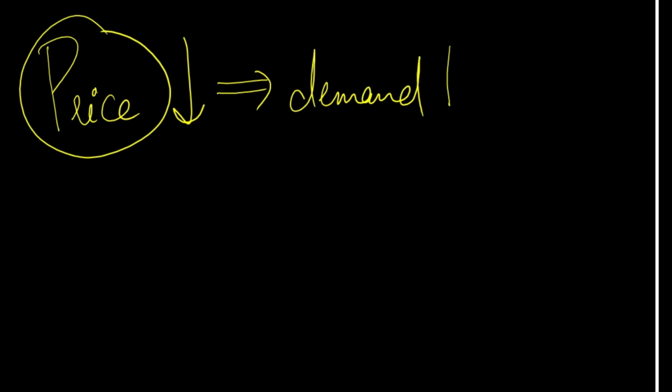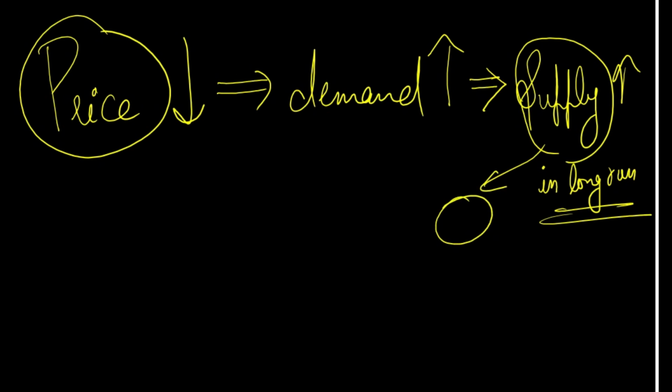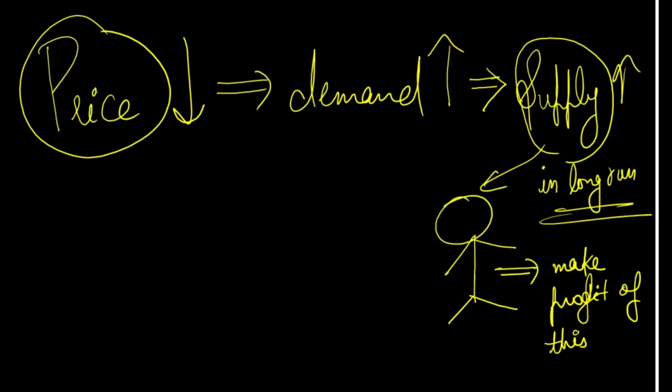So let's find out the relationship with supply. Price decreases, it will result in increase in demand. It will result in increase in supply in the long run, as producers want to make profit from this increased demand.